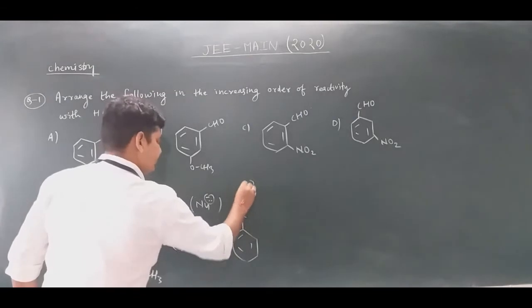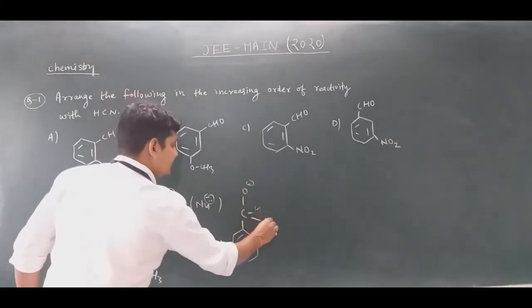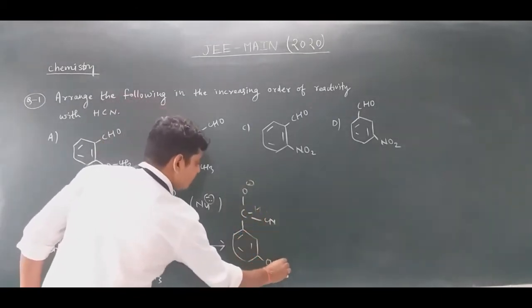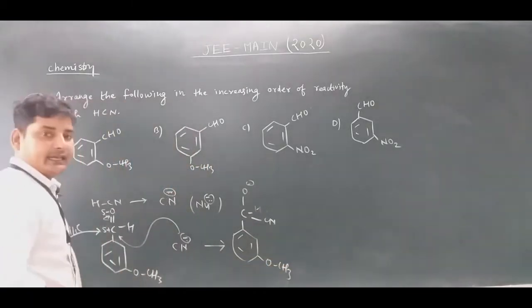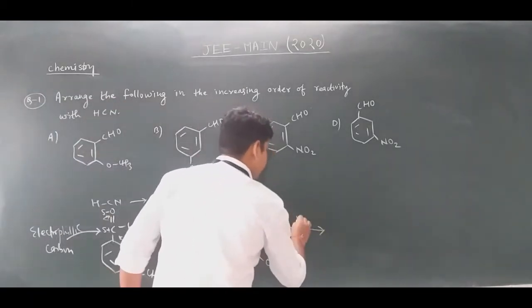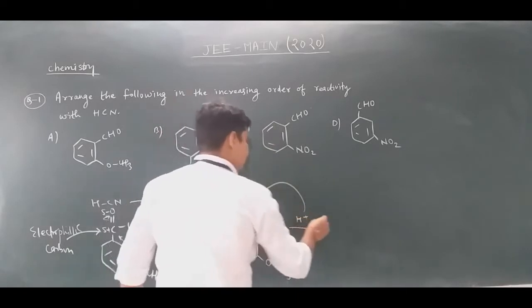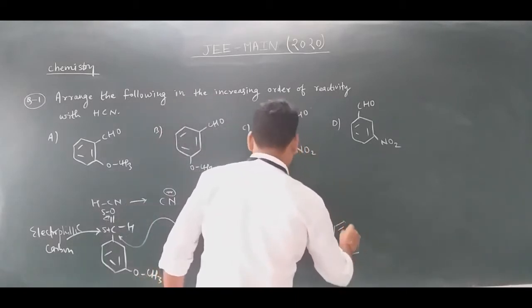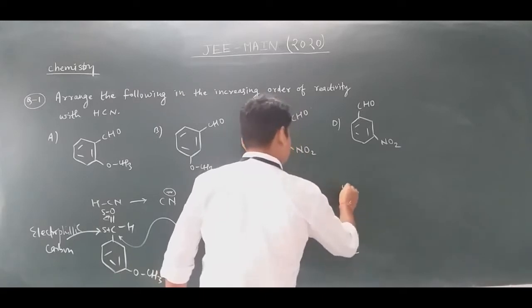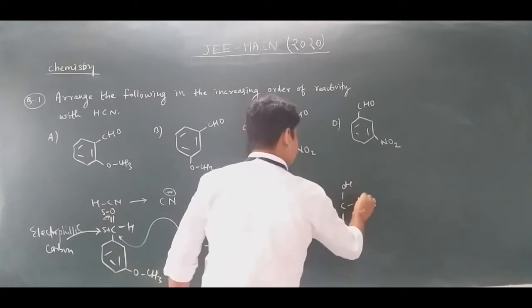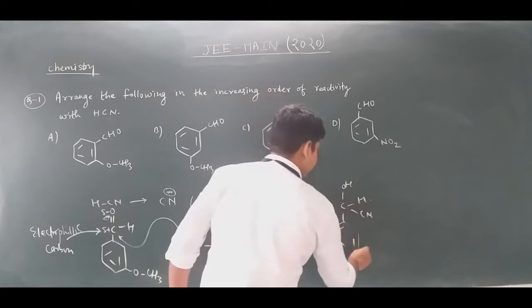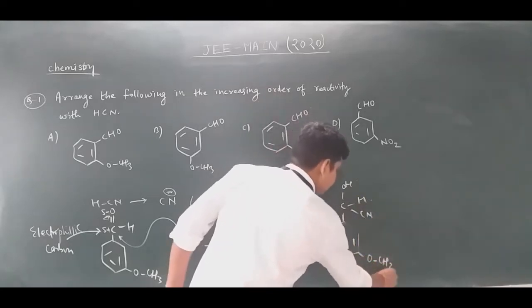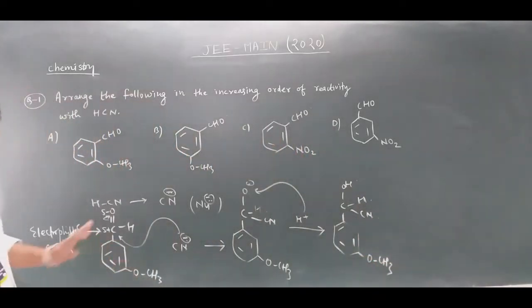We get O minus, H, CN and OCH3, and after hydrolysis we get a kind of cyanohydrin.